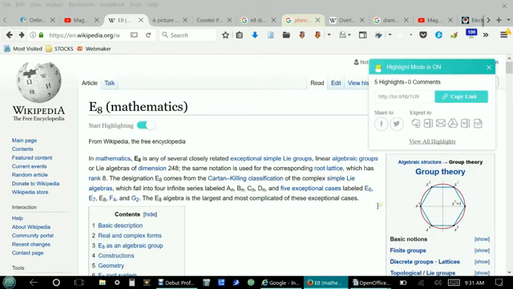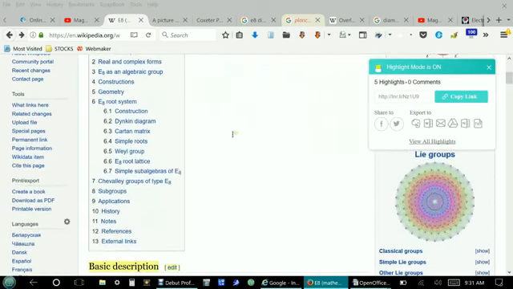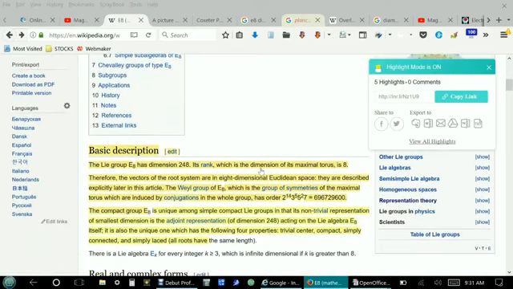Just recently, a new field of mathematics emerged when a certain physicist discovered that a diagram, this is the diagram right here, it's a torus, done in the mid-19th century, represented the interactions of the atom and the method in which light travels through the atom. So the basic description, the Lie group E8 dimension is 248.